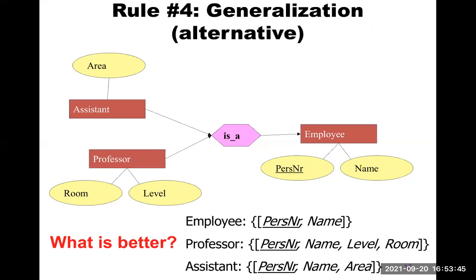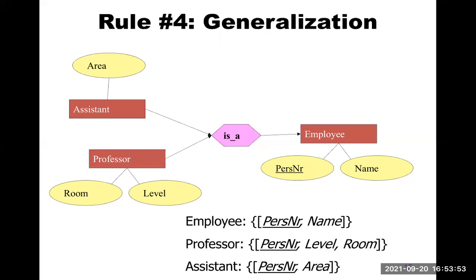But query performance is better here. So we need to choose, and the relational model prefers this way to work and deals with performance problems differently using other methods, using, let's say, views or materialized views, essentially caching and so on.